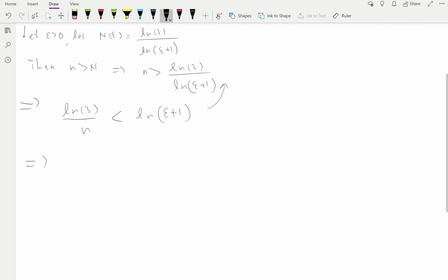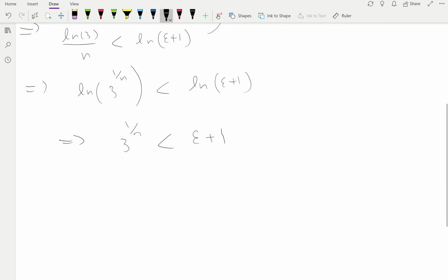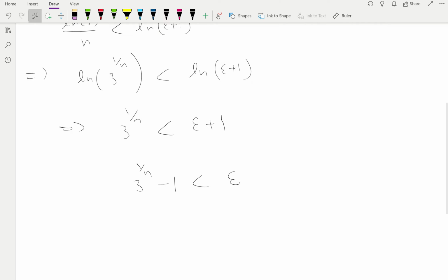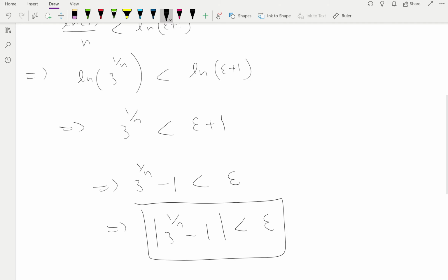Using the logarithmic property inversely we can say this, and we can drop the natural log sign and we get this relationship. Now here we can take the 1 to the left hand side, and of course, because it's always positive, it's not necessary to have the absolute value, but for the sake of the definition this is what we get.